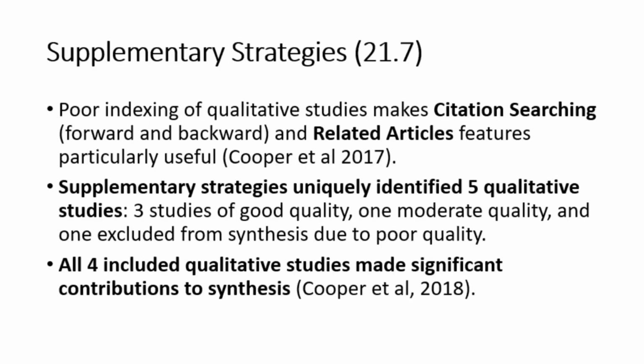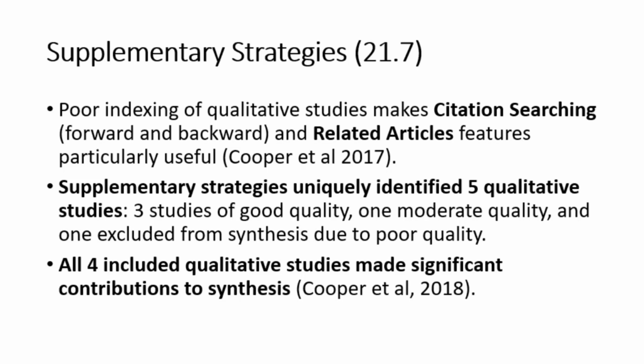Supplementary strategies: poor indexing of qualitative studies mentioned earlier makes 2 particular supplementary strategies important in the context of qualitative evidence. Citation searching, the standard backward checking of references, but also the forward citation searching of Google Scholar or Web of Science. And related articles features can also help tackle the diffuseness of terminology.